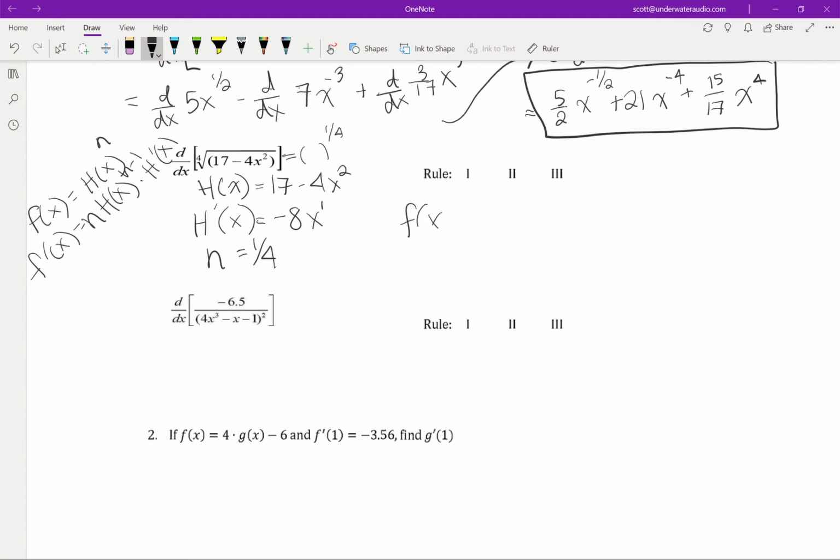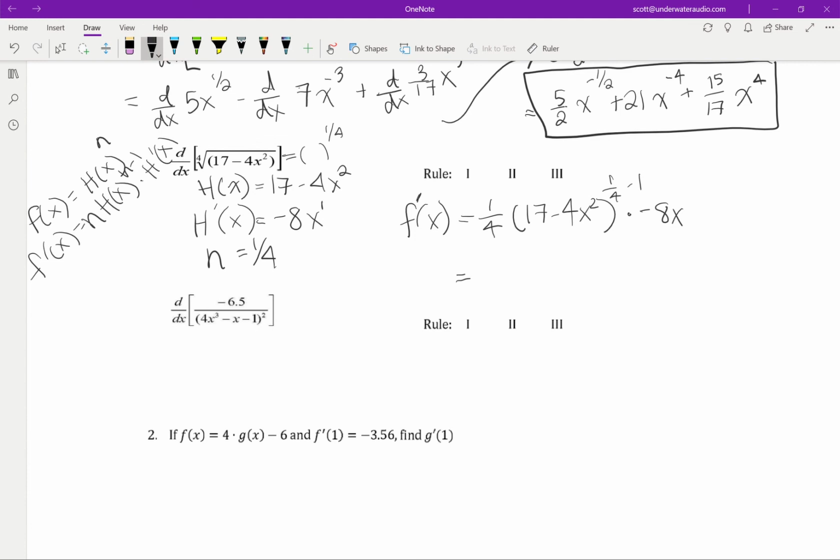So f prime of x is going to be equal to n, and I'm just reading the equation, which is a quarter, and then h of x, which is 17 minus 4x squared, and then raised to the n minus 1 power, so 1/4 minus 1, and then times h prime of x, which is negative 8x.